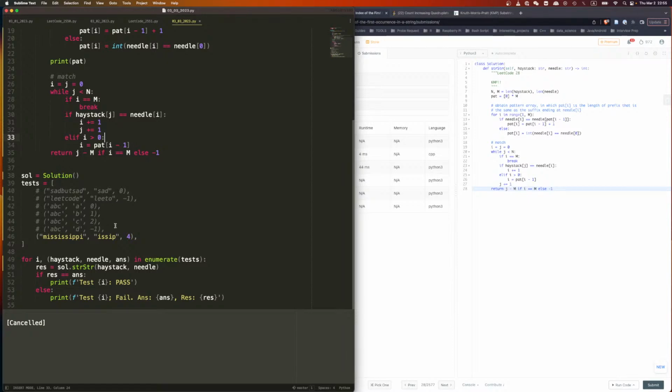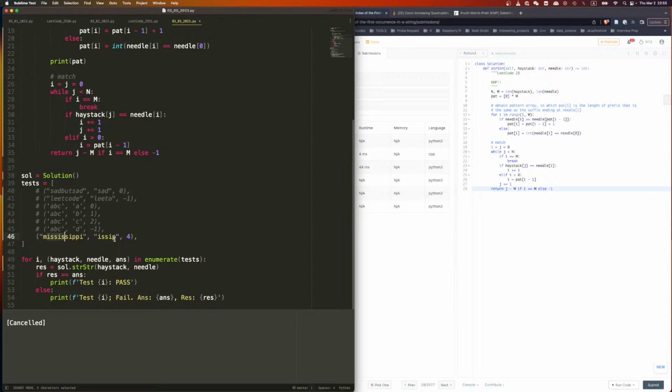What happened? Right, we have I is I, they're all matching, right? So j is equal to I, needle I, so plus 1, plus 1, plus 1, plus 1, and now plus 2 here. I is here. And they're not equal. I is larger than 0. No, I shall be pattern I minus 1.